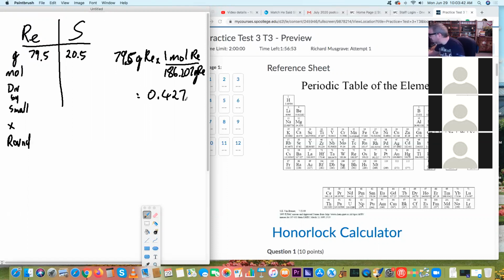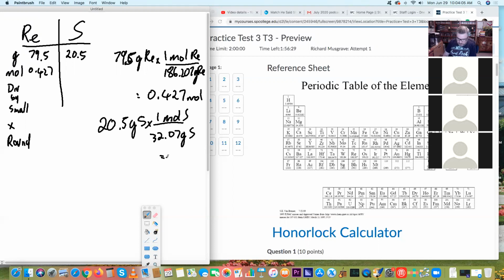Now, we're not too interested here in the number of significant figures, because in the end, we're just going to end up with whole numbers anyway. So don't be too concerned about that. We do the same thing for the sulfur. And again, I picked that up off the periodic table that we're given. And I get 0.639 moles of sulfur. So that goes over here as well.